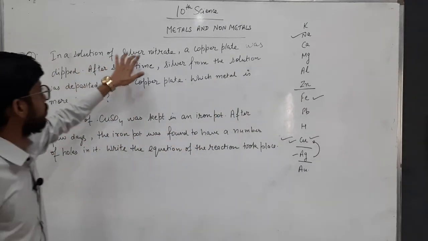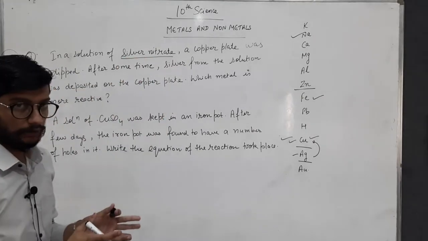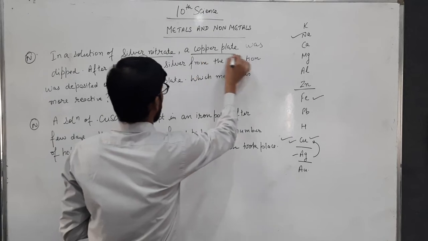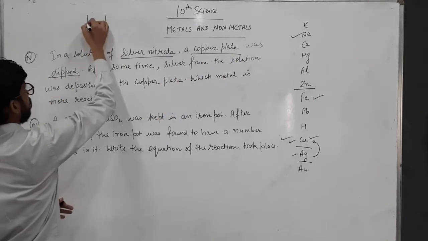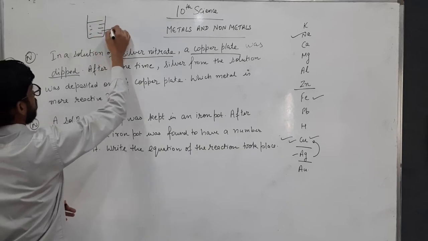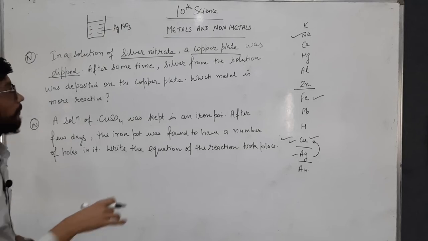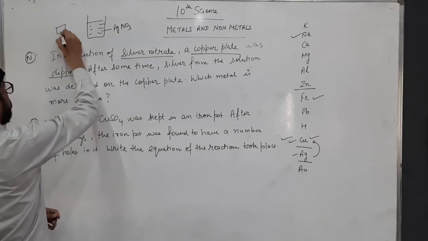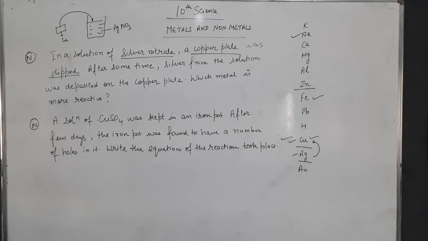You have a solution of silver nitrate, this is AgNO3, and in this solution you have dipped a copper plate. You have a plate of copper, and you have dipped it into a solution of silver nitrate.